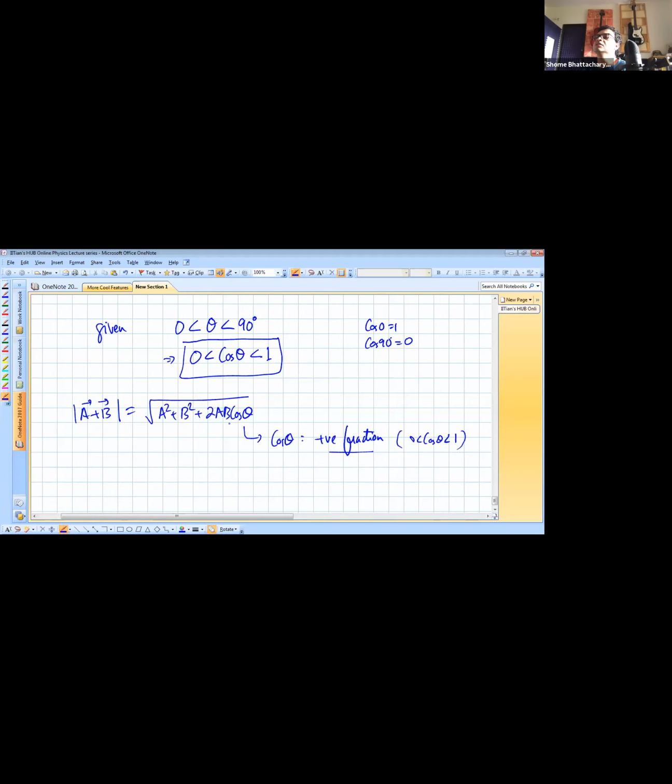Therefore the magnitude of A plus B is definitely greater than root of A square plus B square, because this quantity is definitely positive and can't be zero. So the quantity inside the square root is definitely greater than A square plus B square. But at the same time, this is not going up to unity, so the quantity inside the square root is not going up to A plus B whole square. It is less than A plus B whole square.